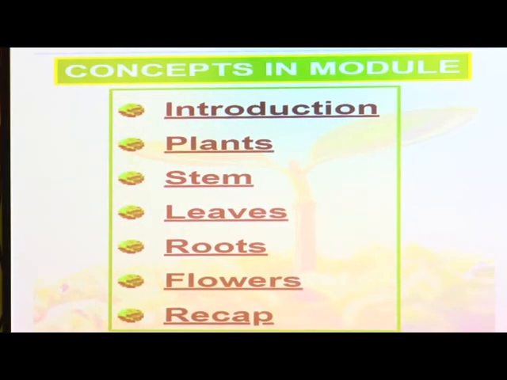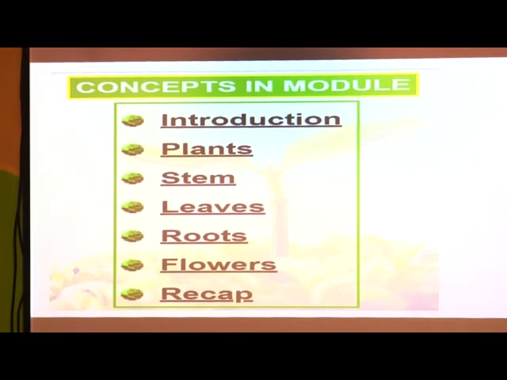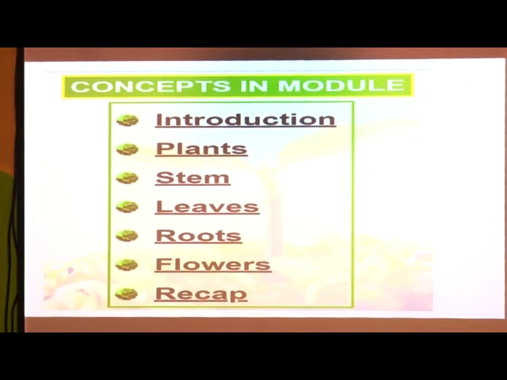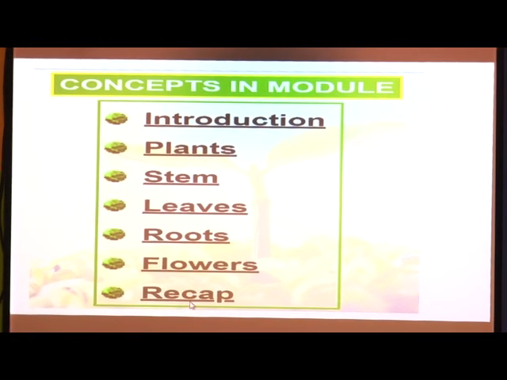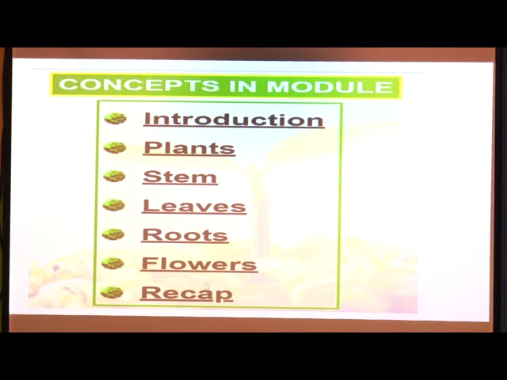In this lesson we are going to study about plants: stem, leaves, roots, flowers, and then we are going to summarize. These are all the parts of a plant, that is stem, leaves, roots and flowers.